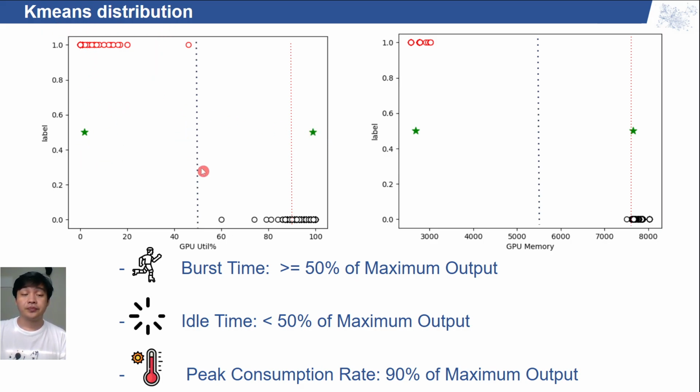On the right side of this boundary will be the burst time data points, and on the left side will be the idle time data points. Lastly, we have the peak consumption rate, which is 90% of maximum output, defined by this red dotted line. The peak consumption rate data points are defined by the data found on the right side of this boundary for both graphs.